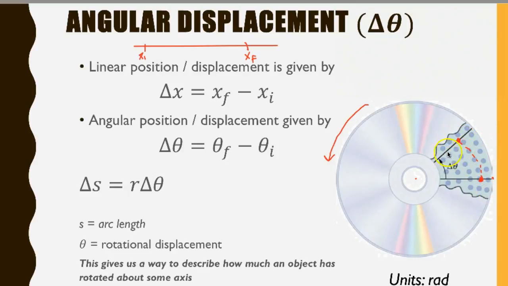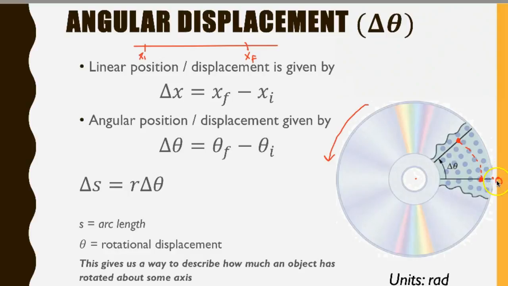I can describe the angle at which it moved, the angular displacement, in terms of the final angle minus the original angle. And by convention, we always describe the origin. Here we'd have to label some origin up here if we're talking about linear displacement. Here we typically refer to the origin as being this 0 degrees or 0 radians.